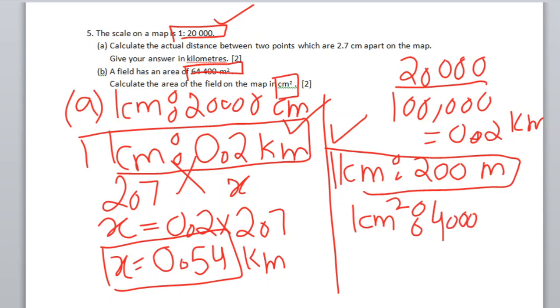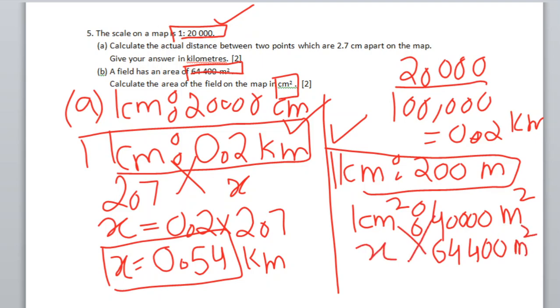So this becomes 40,000 meters square, and this was 64,400 meters square. Change this into centimeters square, cross multiply, and you write 64,400 divided by 40,000, which gives us 1.61 centimeters square.